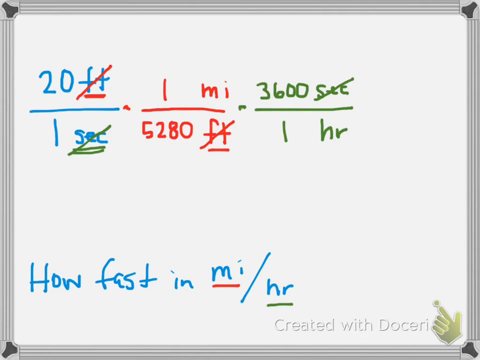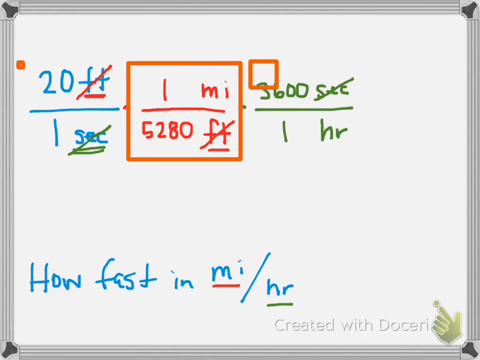And now notice that I have a conversion rate right here. That's in miles. That's the number of feet in a number of miles. And I also have a conversion rate here. So I've used two different conversion rates to help me change feet per second into miles per hour.